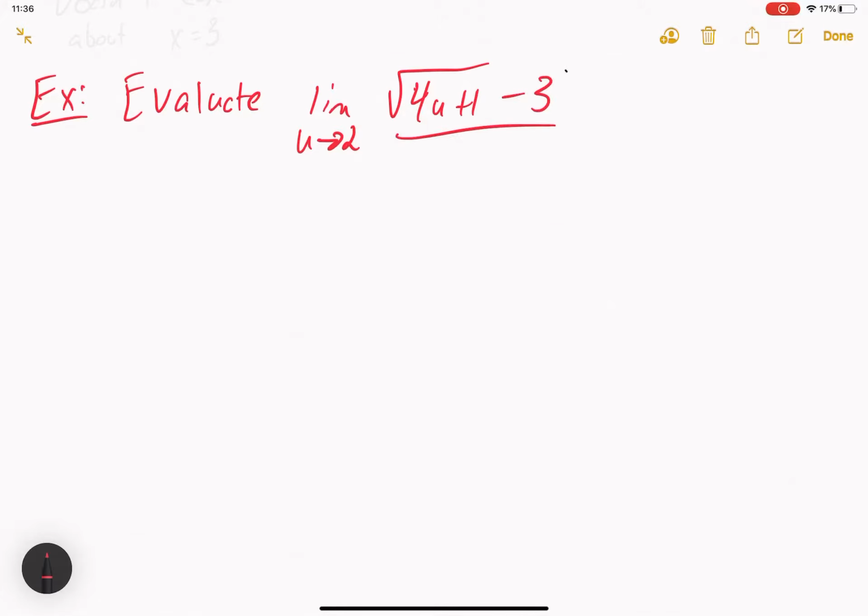So, example. Now we want to evaluate the limit as u goes to 2 of (the square root of 4u plus 1 minus 3) all over (u minus 2).